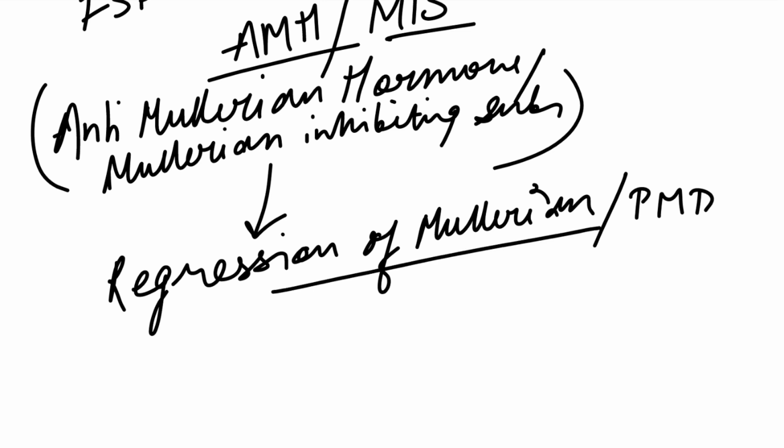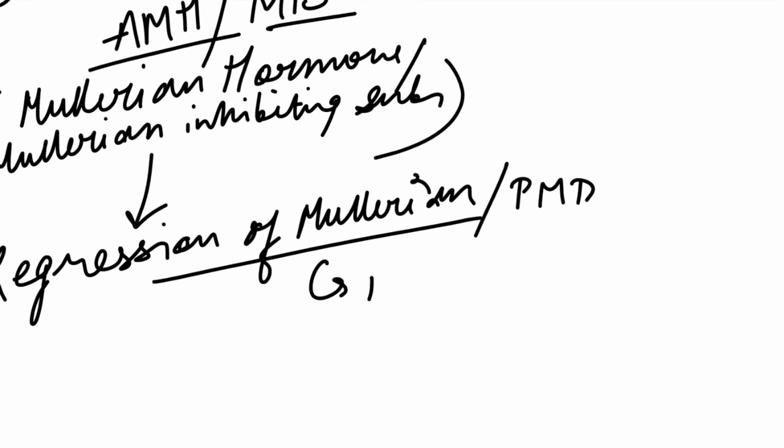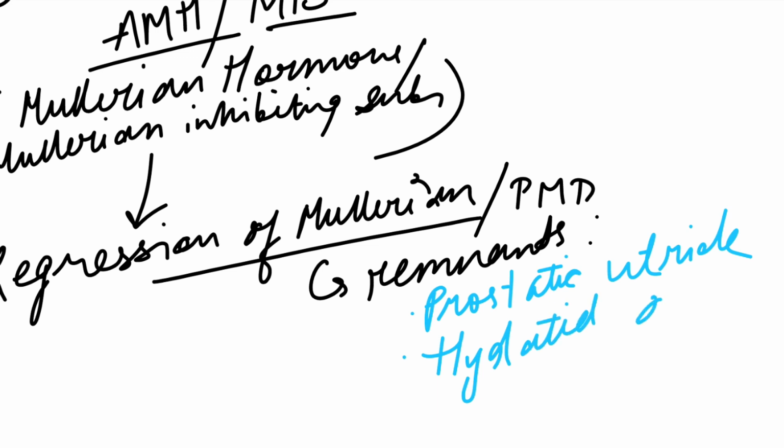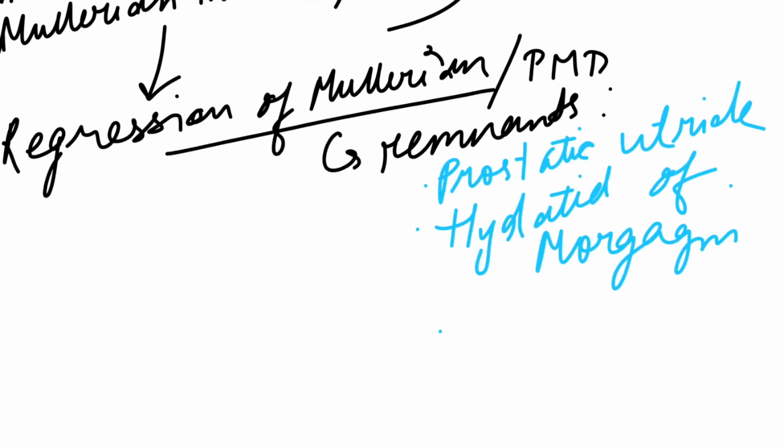It regresses the Mullerian duct and leaves remnants which are important to remember: the prostatic utricle, the hydatid of Morgagni, and one more thing, the appendix of testis.